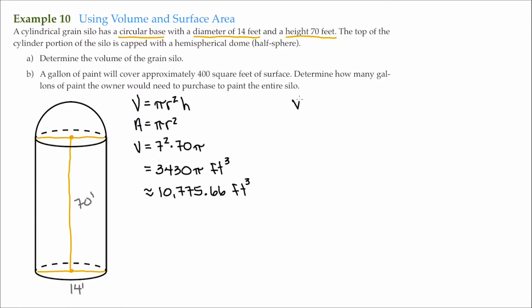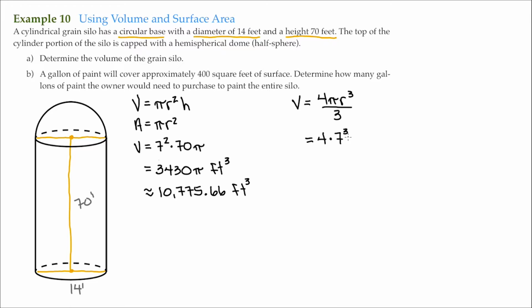So the volume of a sphere, that's 4 pi r cubed over 3, also known as 4/3 pi r cubed. So we'll take 4 times r cubed.